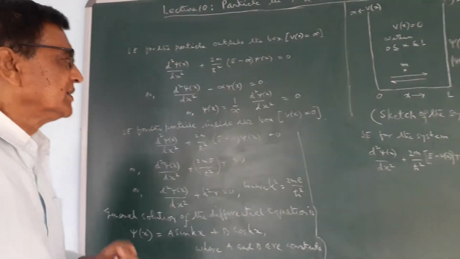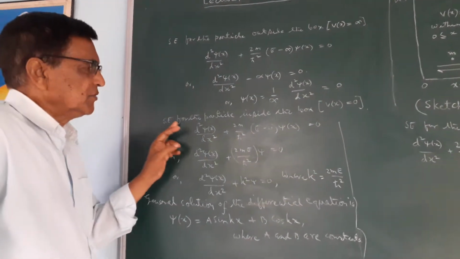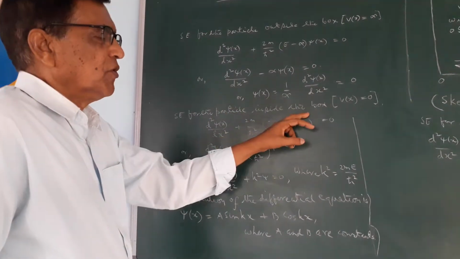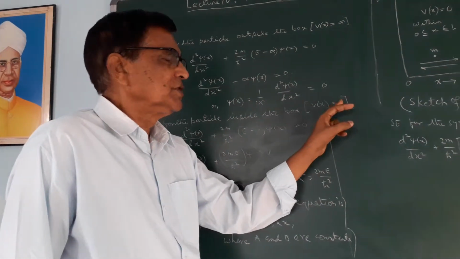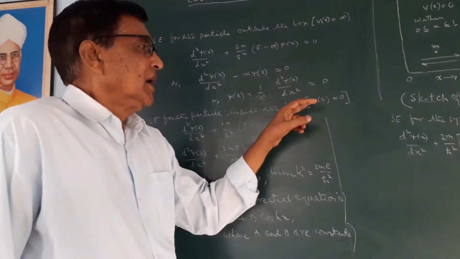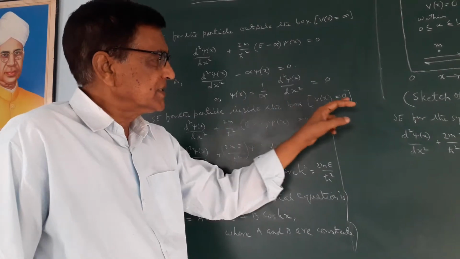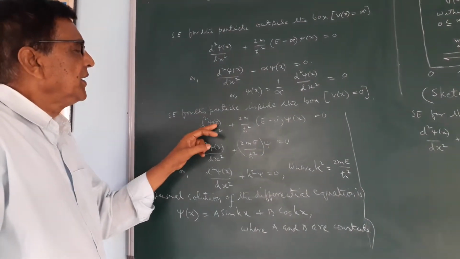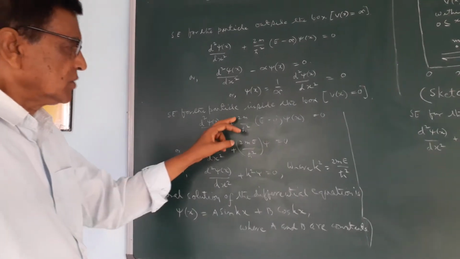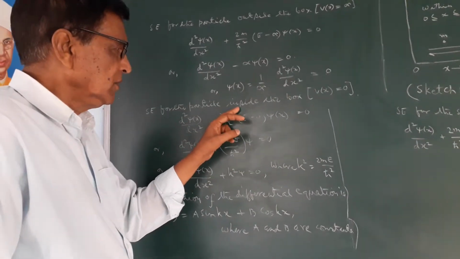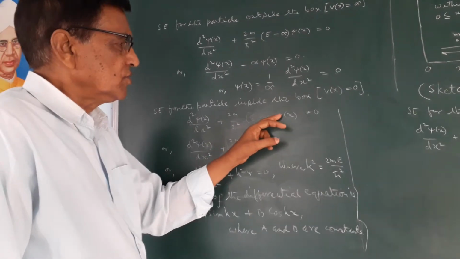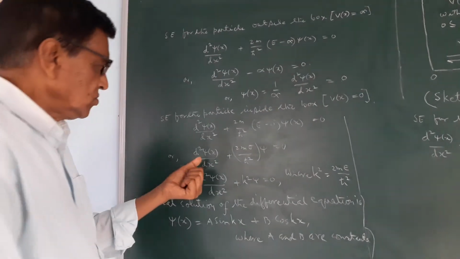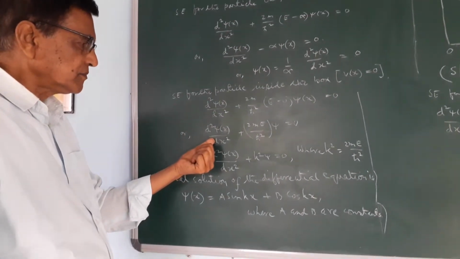Now I shall consider the Schrödinger equation for the particle inside the box, where V(x) equals 0, the potential energy along this x-axis being 0. So we may write d2ψ/dx² + (2m/ħ²)(E − 0)ψ = 0.